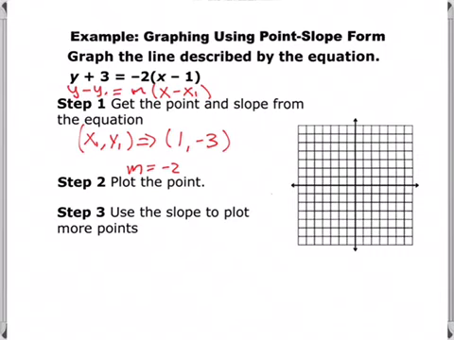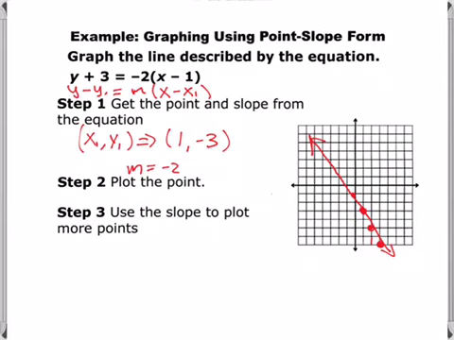So we want to start by plotting the point 1, -3. We apply our slope of -2. So we go down 2, right 1, down 2, right 1. So we connect our points. Not the best line, but you get the idea.